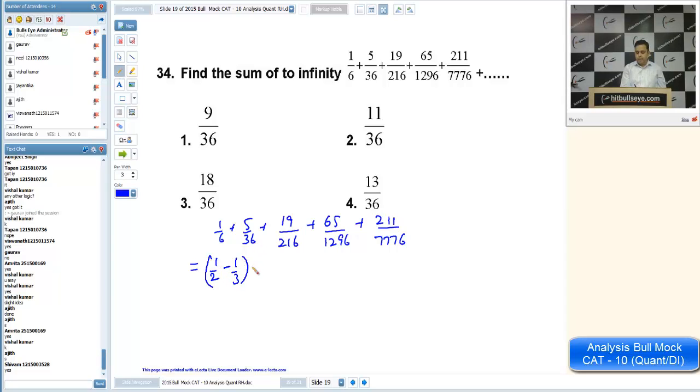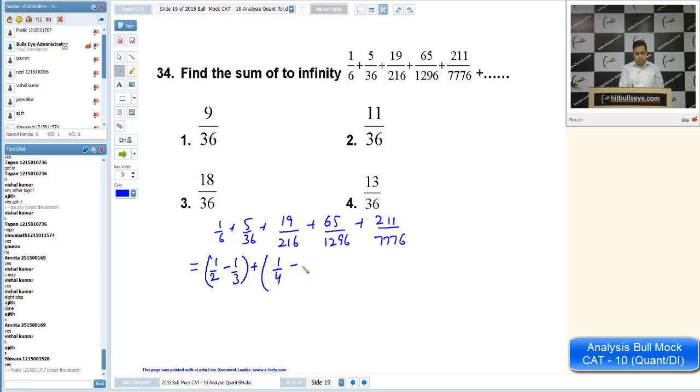Similarly, this 5 by 36, I will find two numbers whose product is 36 and whose difference is 5. I think the numbers should be 9 and 4. So I can break 5 by 36 as 1 by 4 minus 1 by 9.